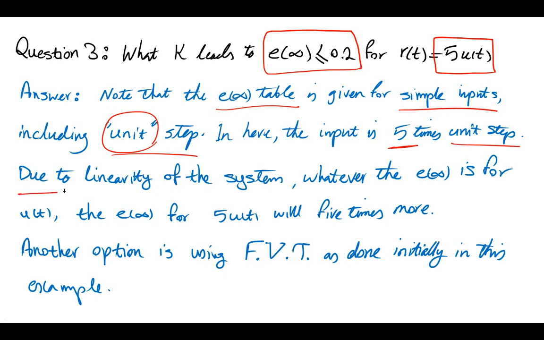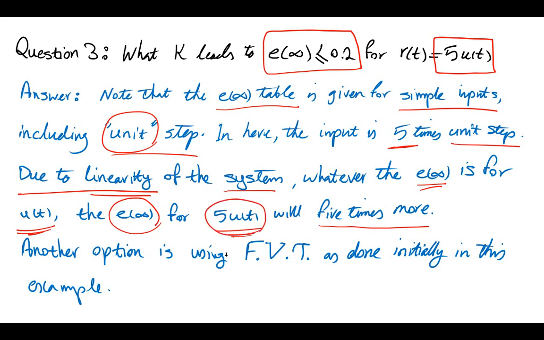But due to the linearity of the system, whatever the steady state error is for u(t), the steady state error for 5 times u(t) will be 5 times that. So if we find the steady state error for u(t), we multiply it by 5, and the result will be the steady state error for 5 times u(t).